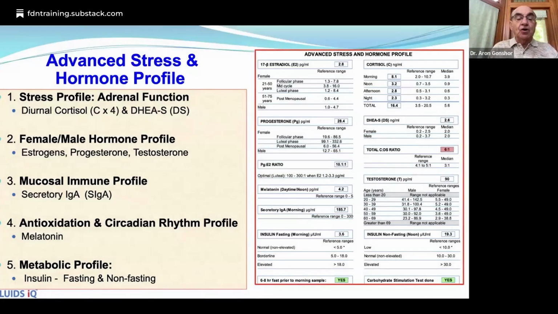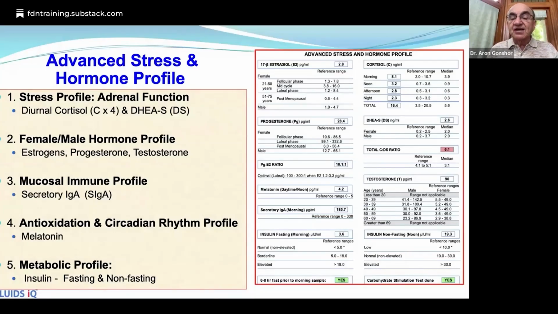And so I took you on a whirlwind tour today of number 5, the metabolic profile. In the first 2 lectures that we gave on this, we went through the other 4.